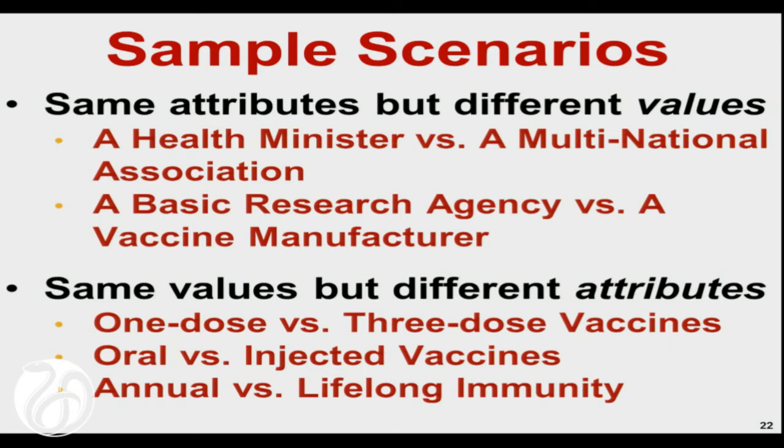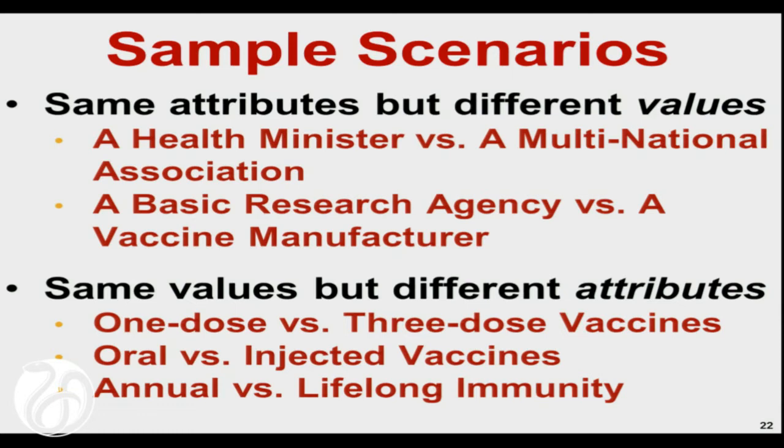Some sample scenarios we think this might be used for. For example, you might have different viewpoints: a minister of health in a single country versus a multinational consortium. Obviously, the multinational organization would want to aggregate up the populations of all their constituent members, or those populations they were interested in, but those would lead to different viewpoints and possibly different rankings.